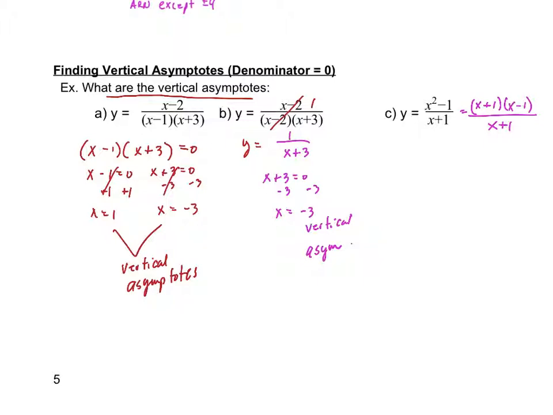And I can turn around and simplify x plus 1 over x plus 1. So y is now equal to x minus 1. There is no denominator. My denominator is the value of 1. So when I make 1 equal to 0, that's not a true statement. So I think what's going to happen here is there are going to be no vertical asymptotes.